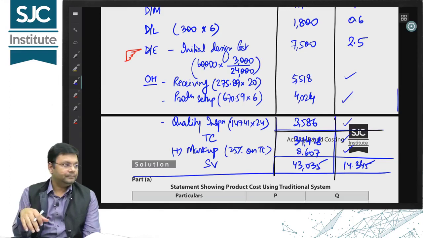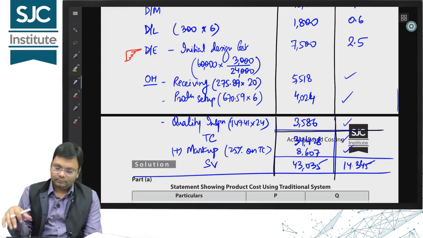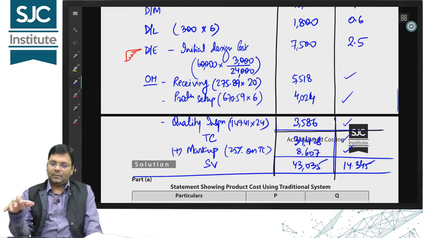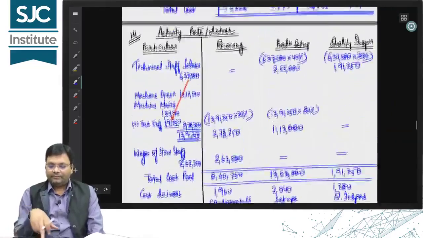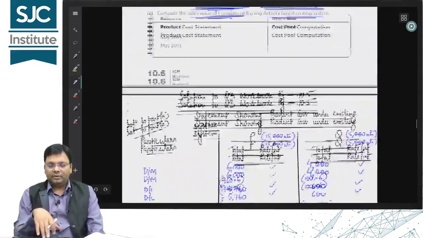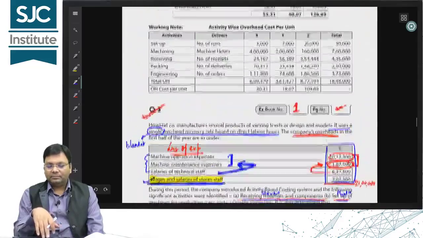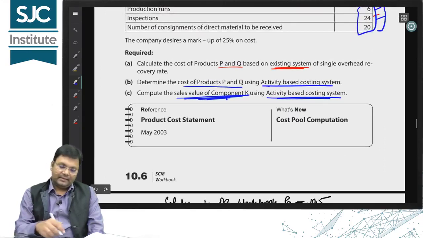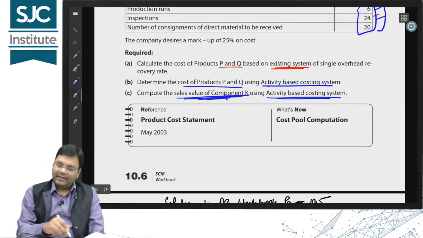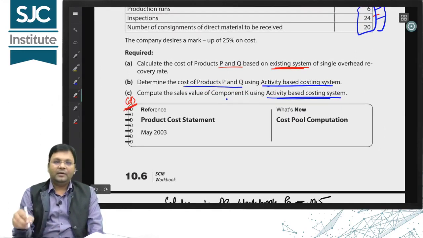Okay. So this sum is technically over, but there can be some additional question to this, which I am making you write here in part D. Say there is one new question added here.